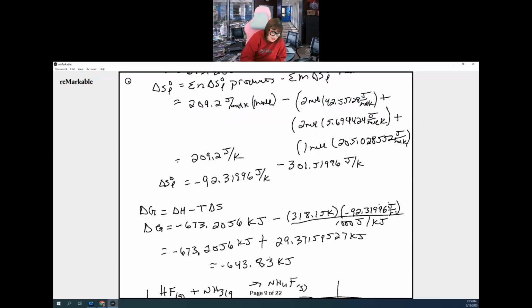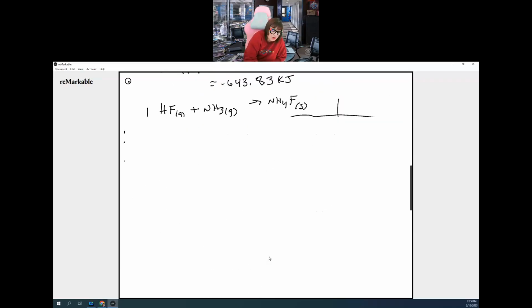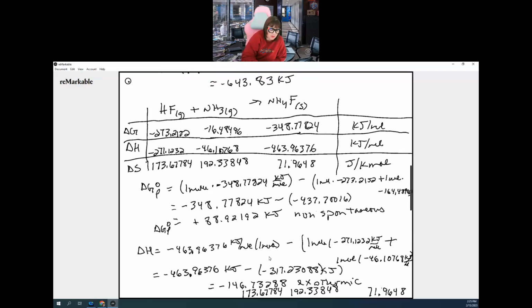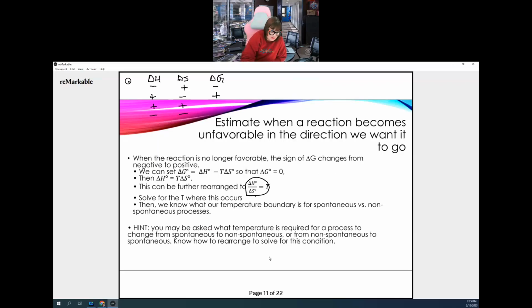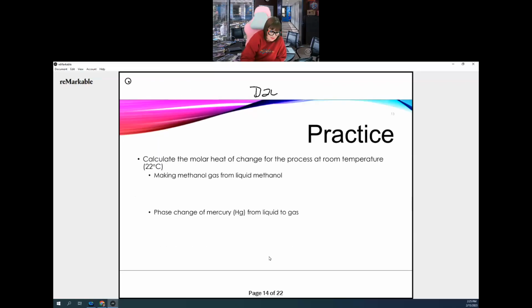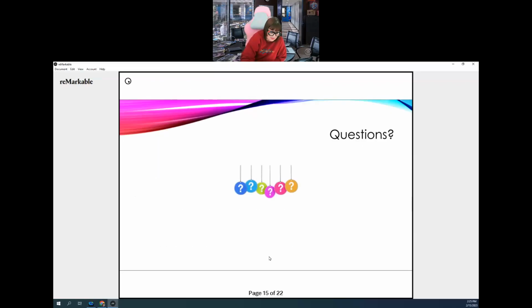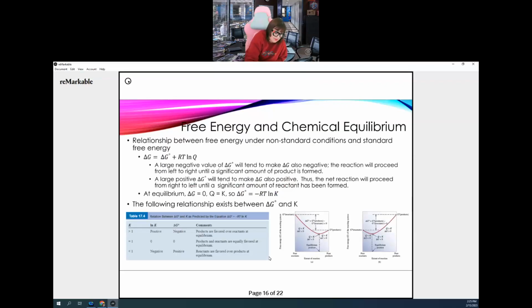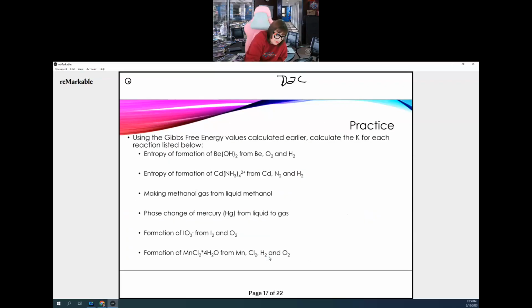We calculated a delta G here of negative 643.83 kilojoules, that's our delta G for one of those reactions.